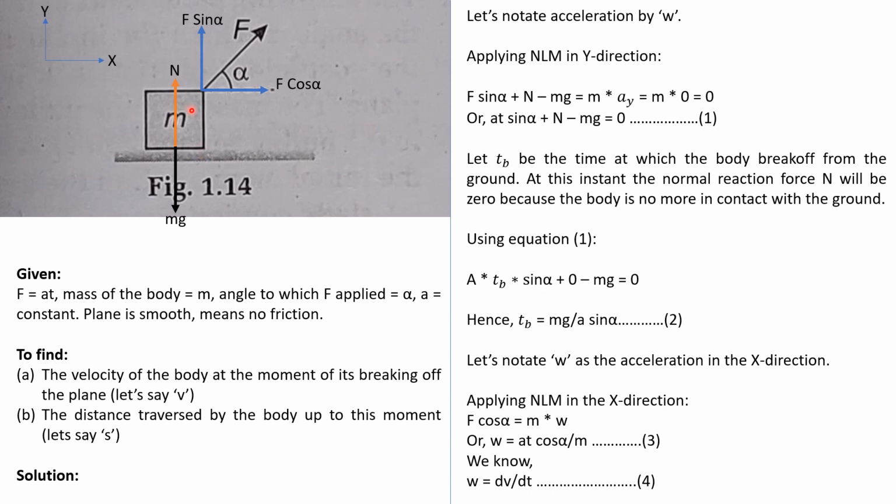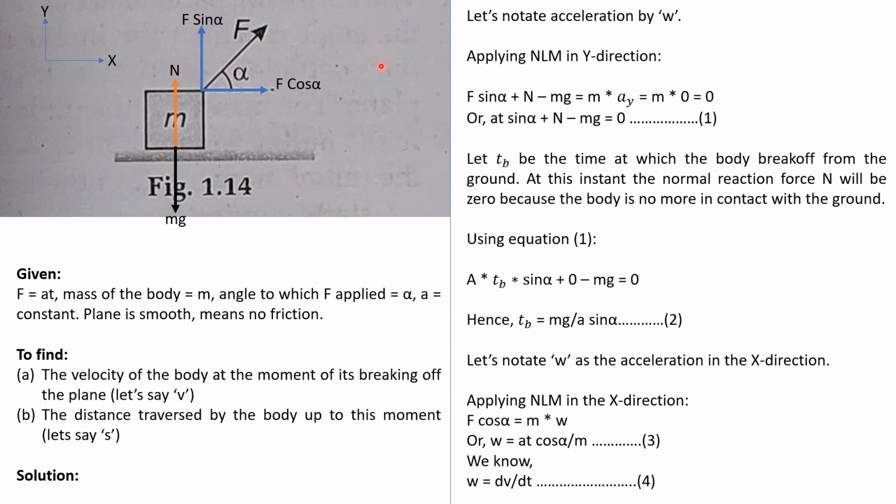We are interested in knowing only till the time the body is moving on the horizontal plane, and the moment at which it breaks off, that means just lifts off from the plane. Applying Newton's law of motion in the y direction for this body, F sin alpha is the component of this force acting in the y direction.